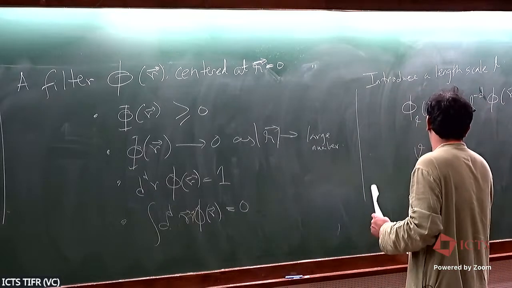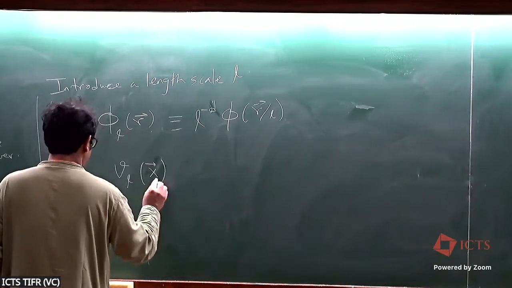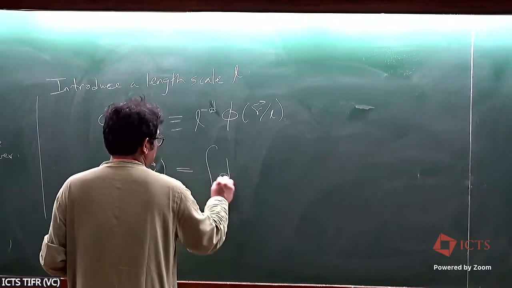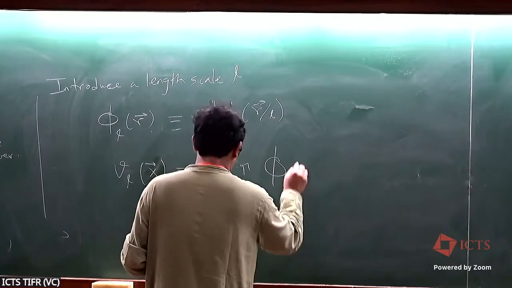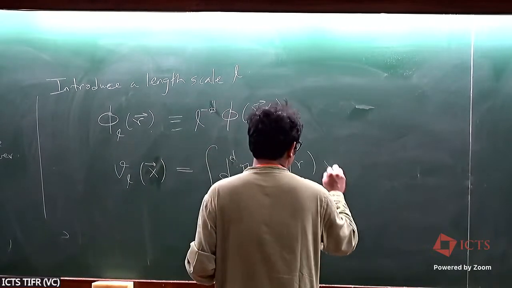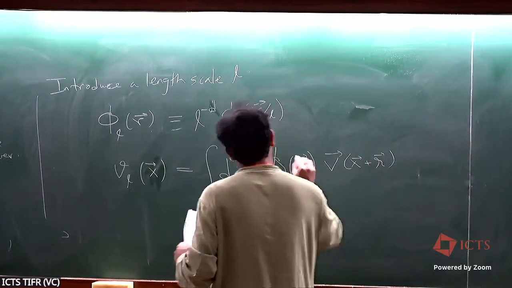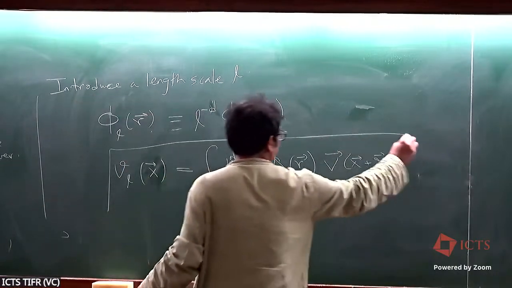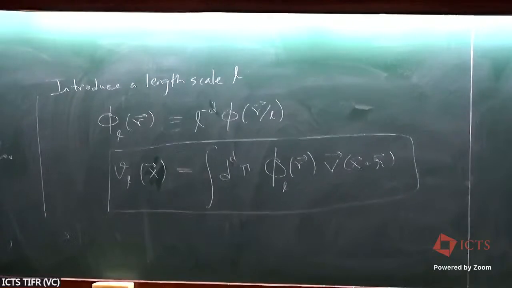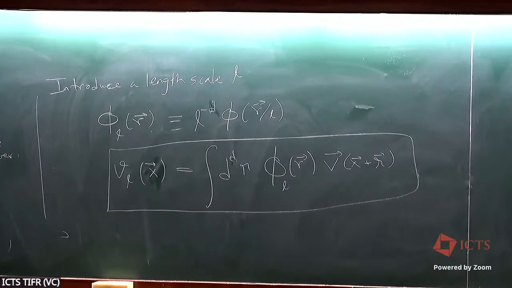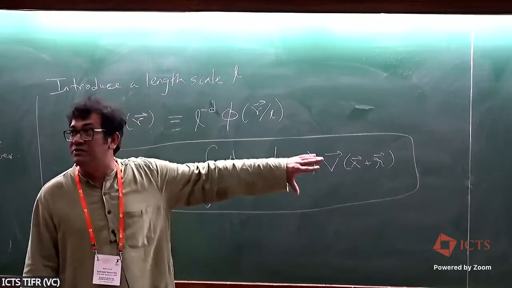So I can think about reconstructing, this is the definition. So I have the velocity field V of x, all right? On that V of x, I've put in this filter, whose properties we've just described.